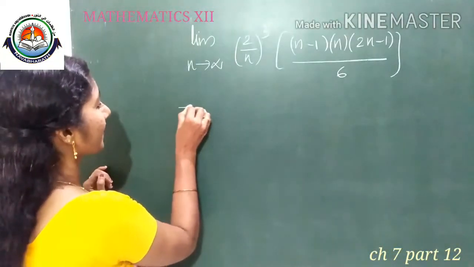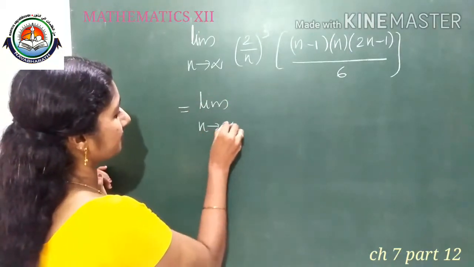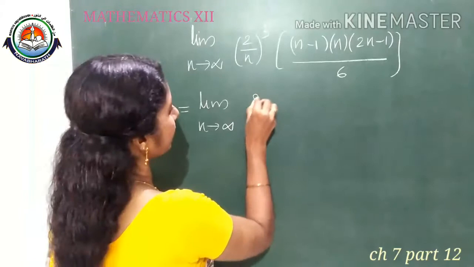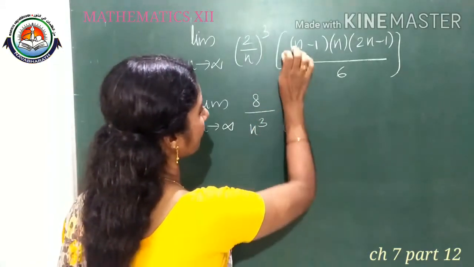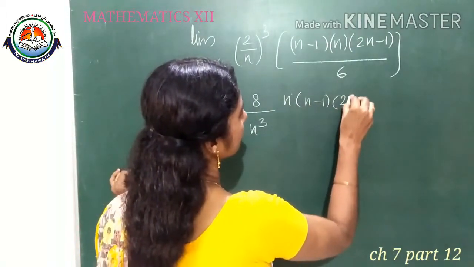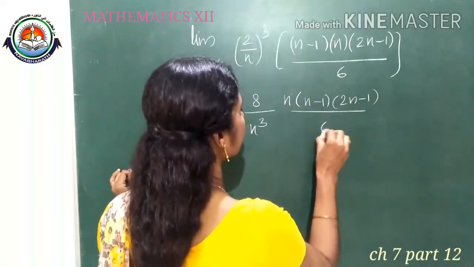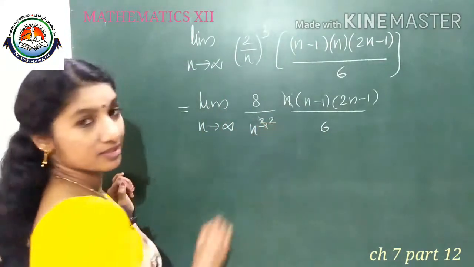So limit n tends to infinity 8 by n cube into n into n minus 1 into 2n minus 1 by 6. We can cancel one n common factor. Okay.